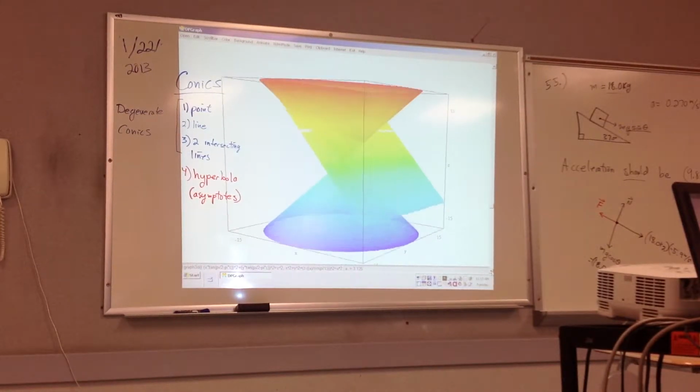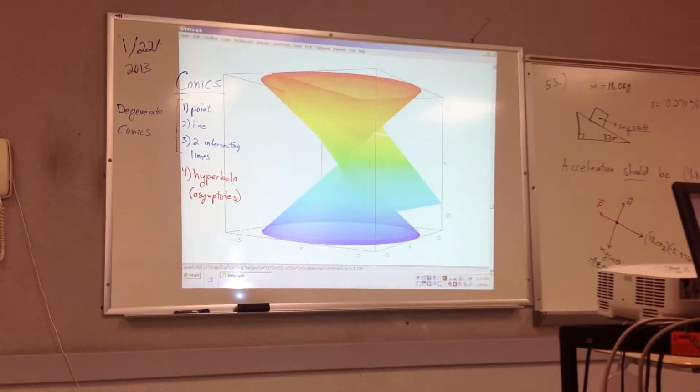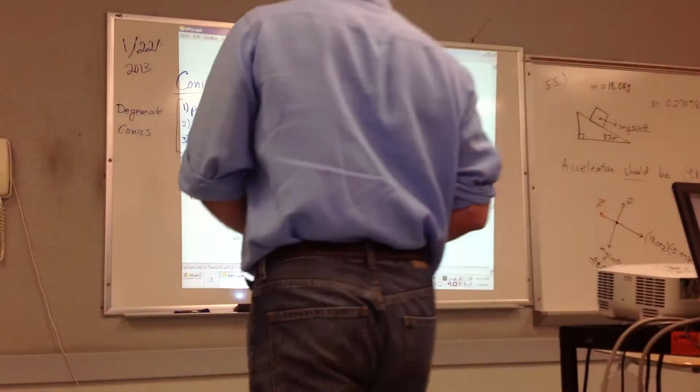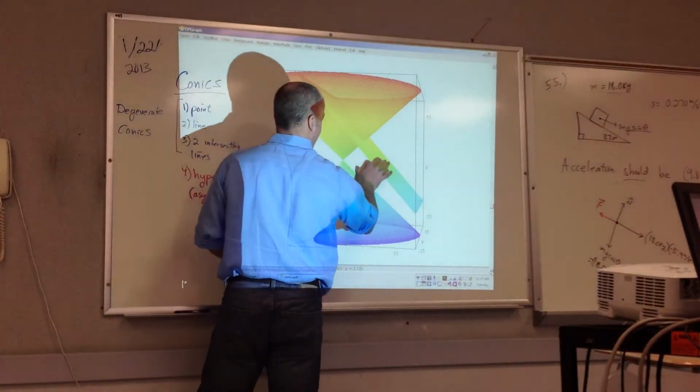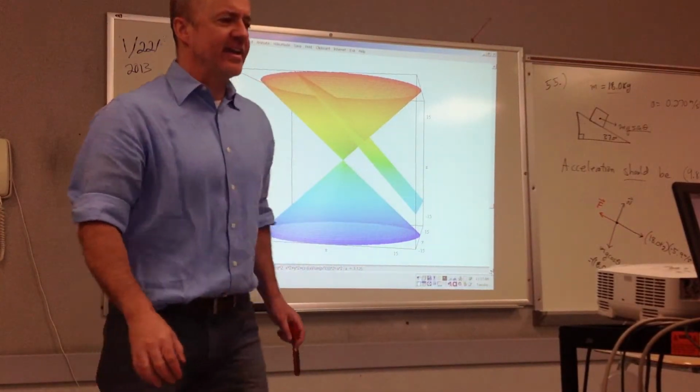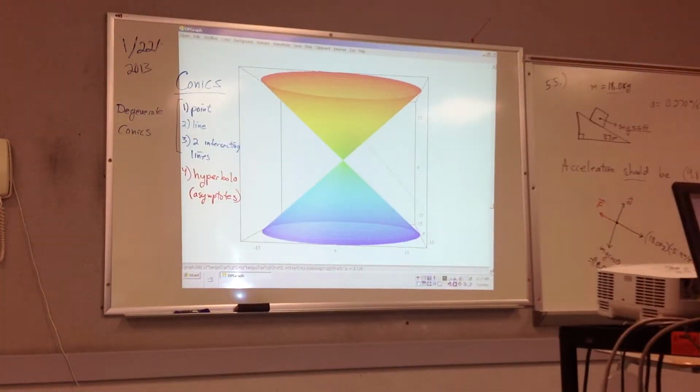Is it perpendicular to the bottom cone? Perpendicular is not quite the word. What I'm going for is very close to parallel here and here. At that angle, it certainly doesn't look it, but very close.